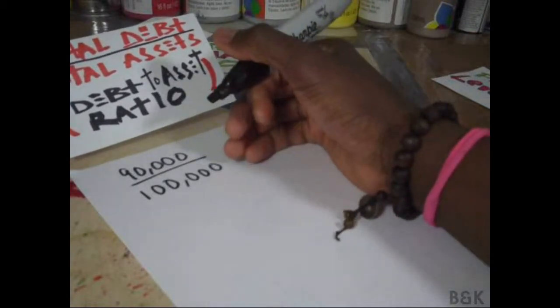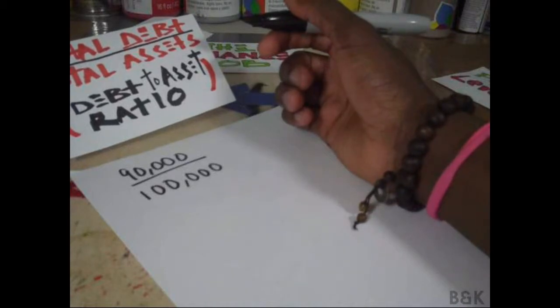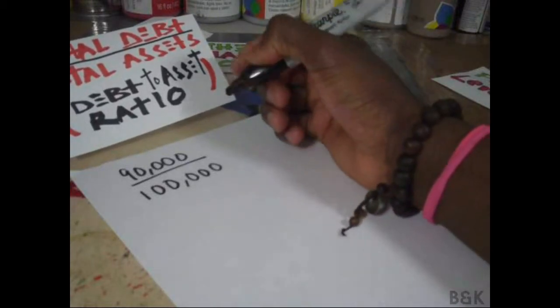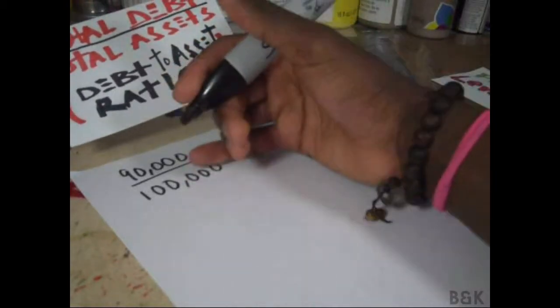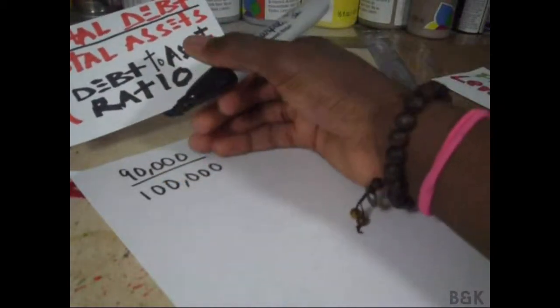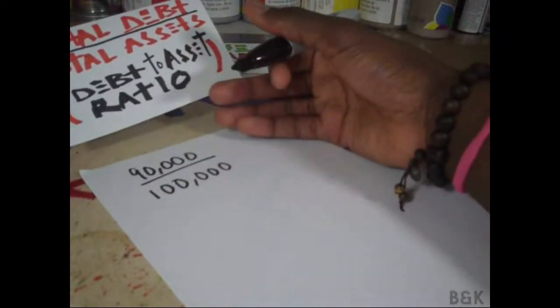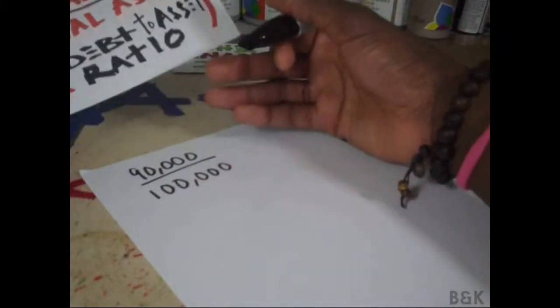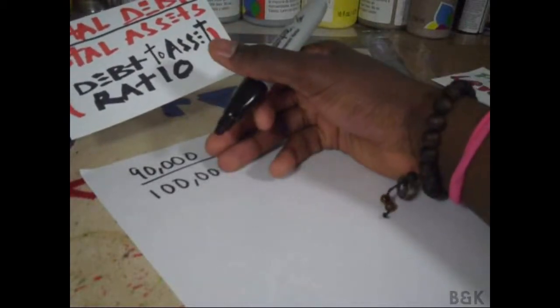What does this mean? If we went bankrupt and had to liquidate everything, hopefully, if we were compensated what we believe is the value of everything that we have, yes, we'd be able to pay off our $90,000. But reasonably, what are the chances that we're going to get the exact amount back?